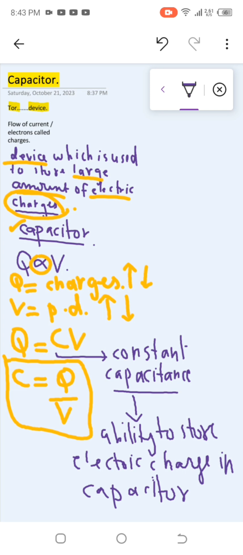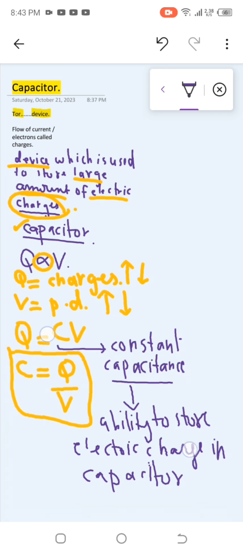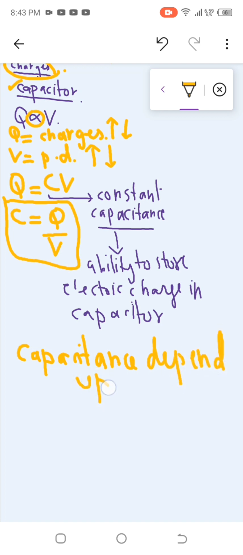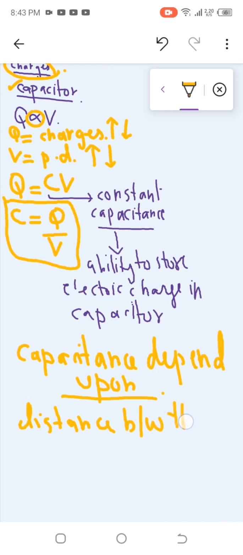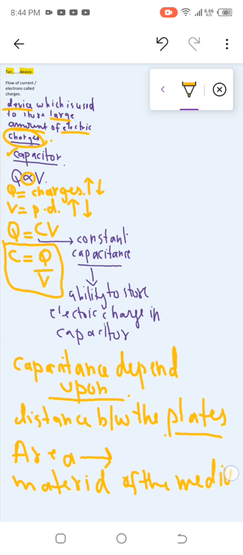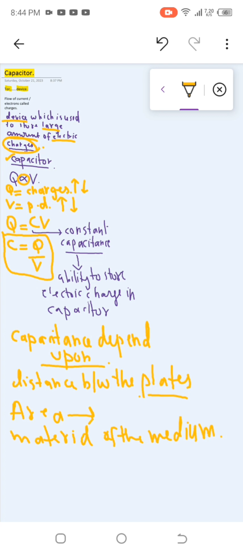Now capacitance depends upon several things. It depends upon the distance between the plates, not charges, plates. It depends upon the area of the plates: the larger the area, the more charges it will store. It also depends on the material of the medium, meaning which material is present between the plates. If the material is air or vacuum, it will store a large amount of charges.